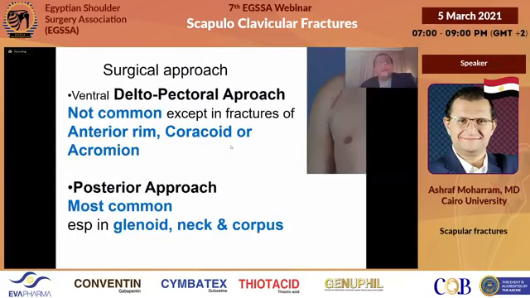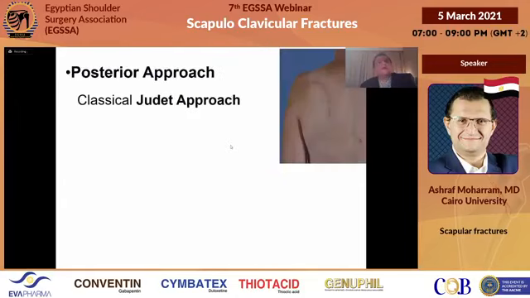How do we operate on these patients surgically? We either go ventrally with a deltopectoral approach, which is very rarely used, for coracoid fractures, anterior glenoid fractures, and acromial fractures, but most commonly we use a posterior approach, which gives us very good access to the glenoid, the neck, and the body of the scapula.